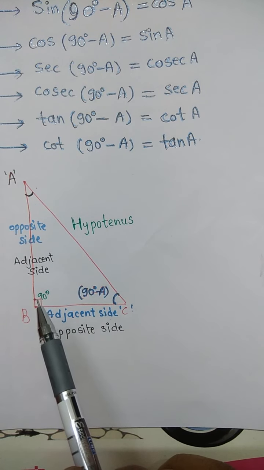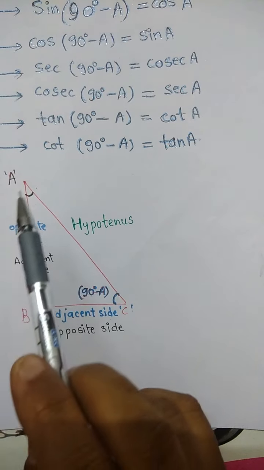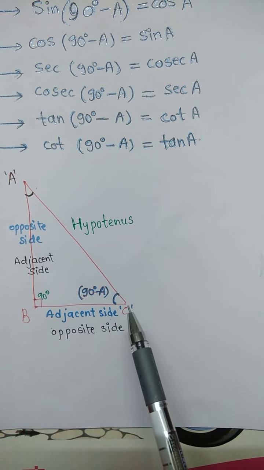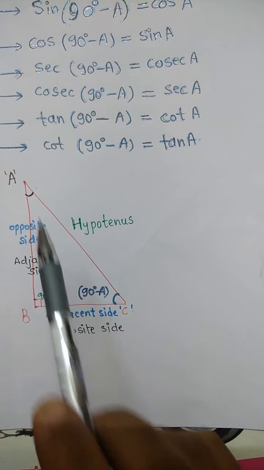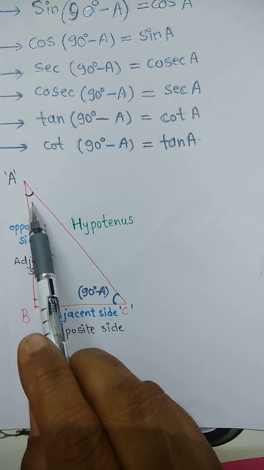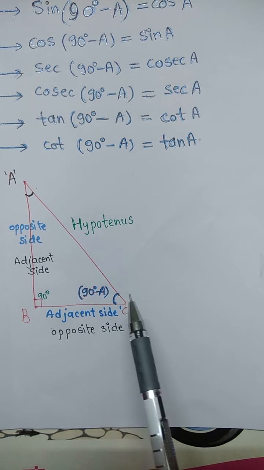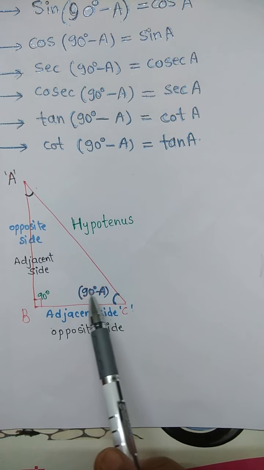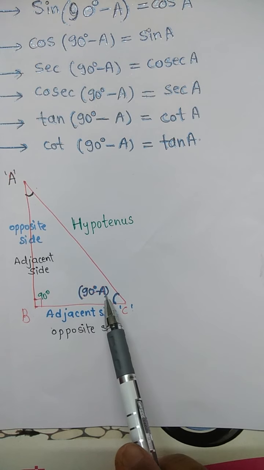Opposite to 90 degrees is the hypotenuse, which means here AC is the hypotenuse. Now this is the acute angle A, and this angle is 90 minus A. How is it 90 minus A?